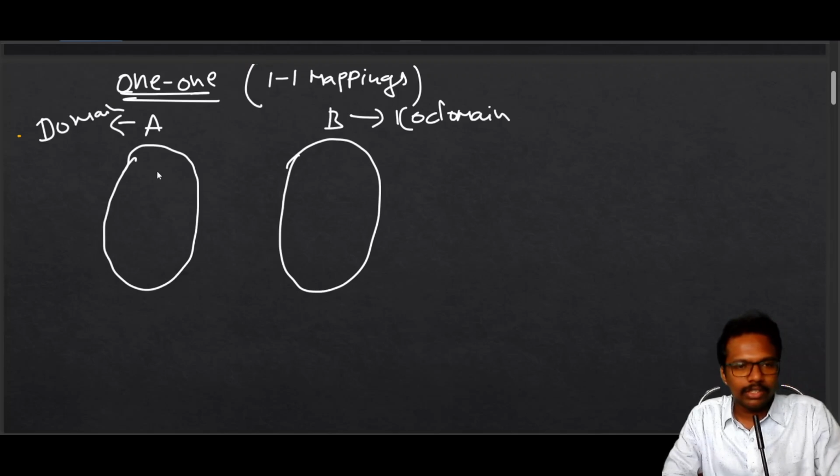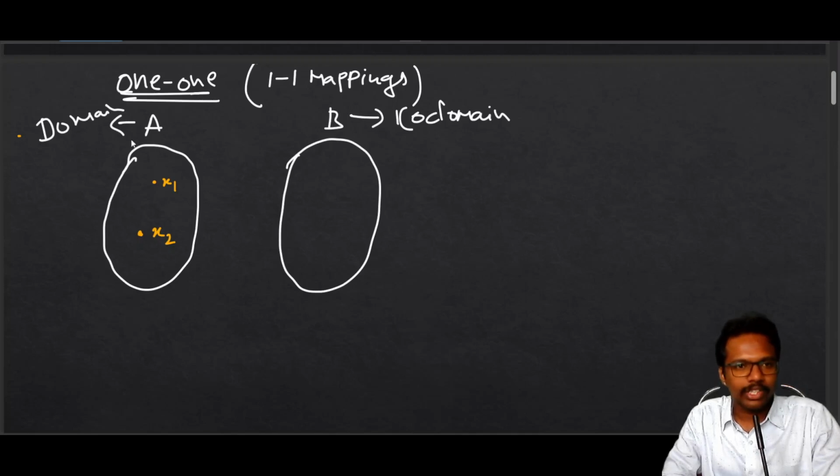Now, to show a one-one function, or whether the given function satisfies one-one or not, first we have to check the definition. What the definition says: for every element of A, for the sake of simplicity I consider two elements, x1 and another point x2. I have considered these two points here. The first point is x1 and the second point is x2.